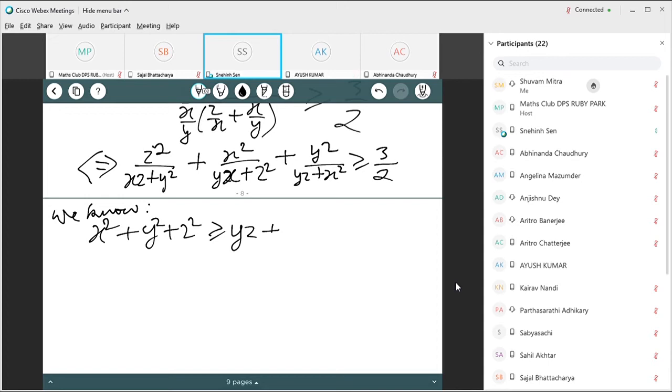That's better. You don't want to lose marks. Okay, we know this. Now we would like to utilize it over here. So how should we utilize it? Well, you would have the following.